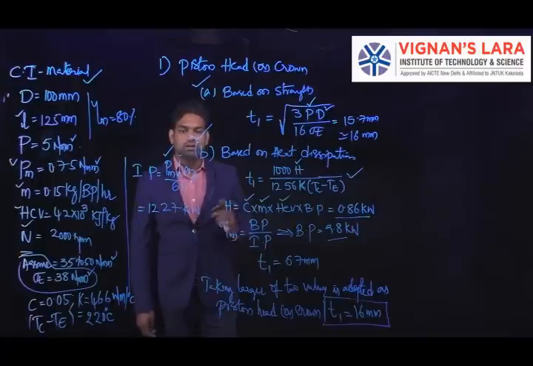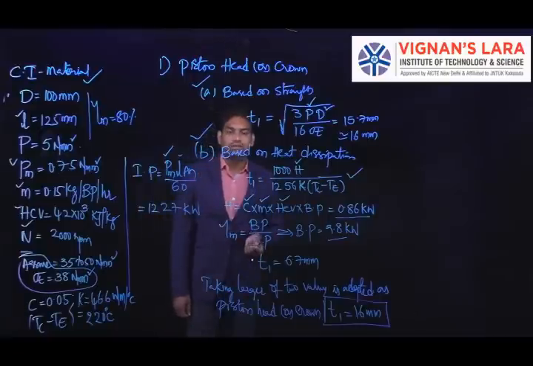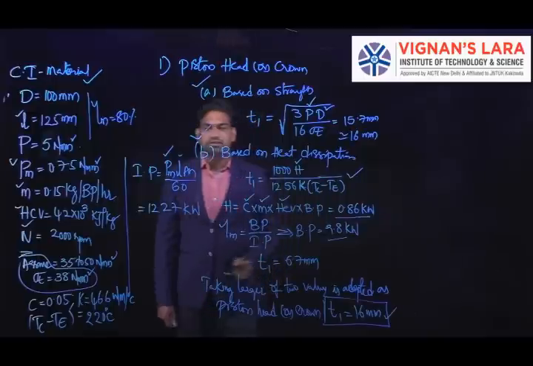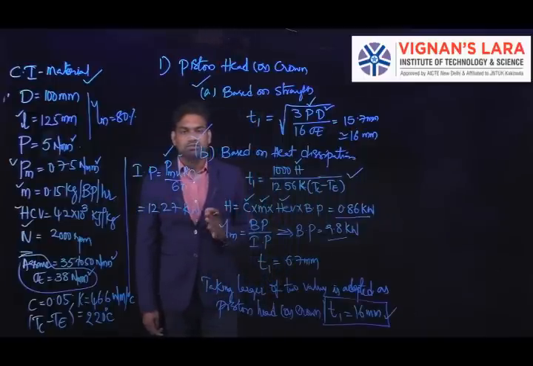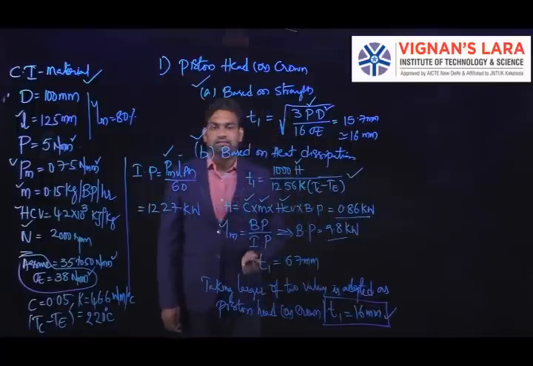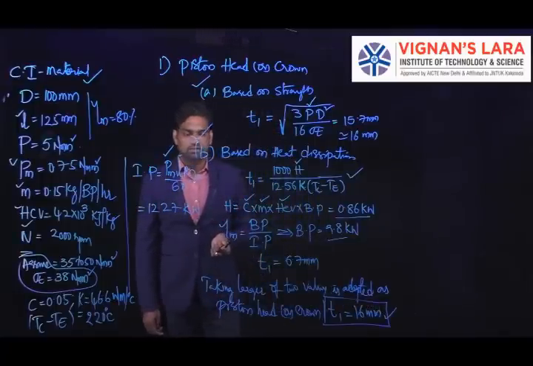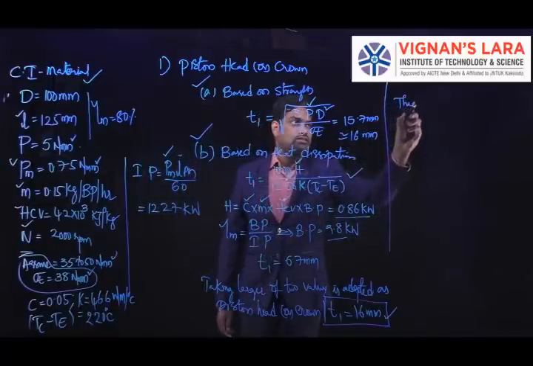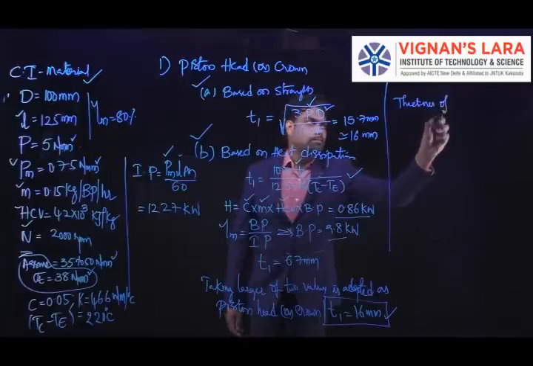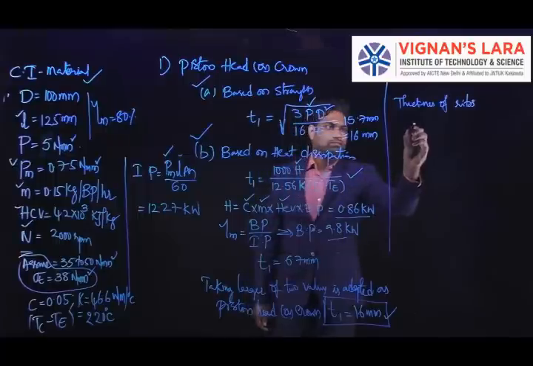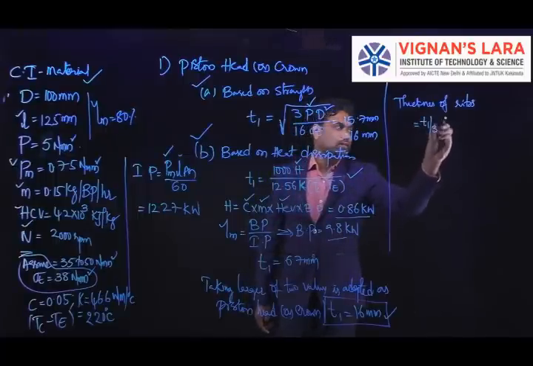thickness of ribs. The rib thickness is calculated based upon the thickness of the piston head. If the thickness of piston head is less than 6 mm, no ribs are required. But here the thickness of piston head is greater than 6 mm, so you need to calculate the thickness of piston ribs. This needs to be calculated using the proportion T1 by 3 to T1 by 2.